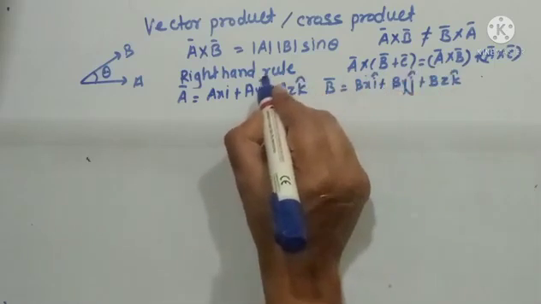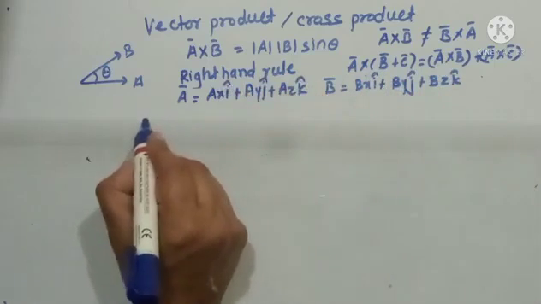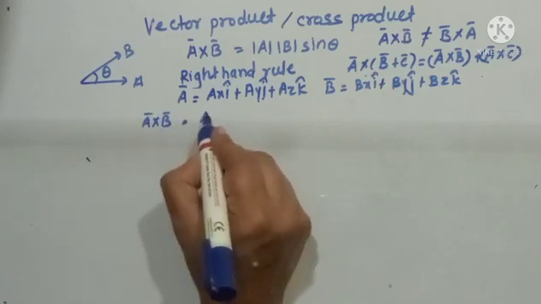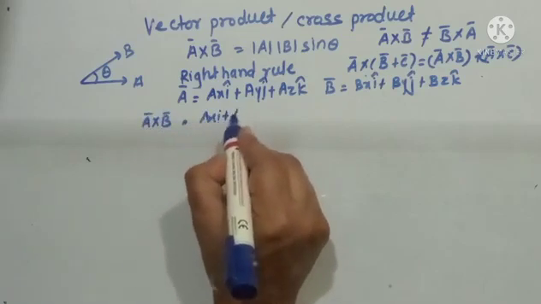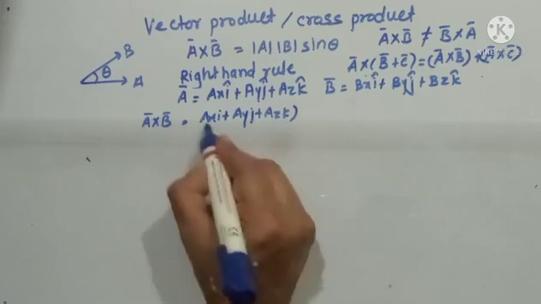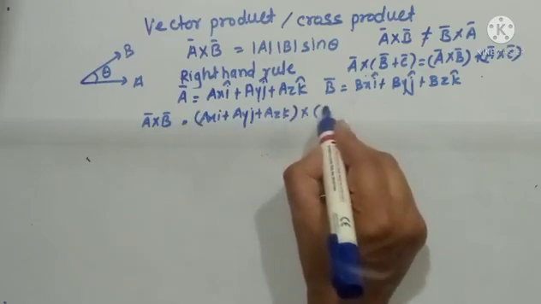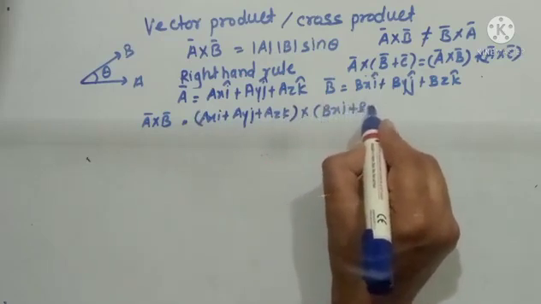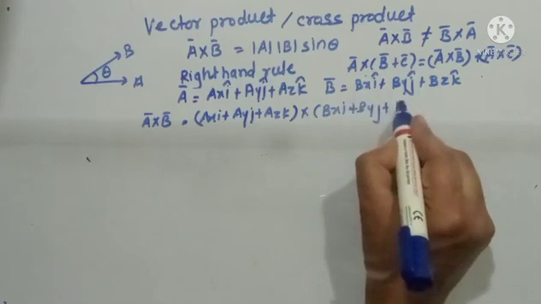Then their cross product is given by vector A cross vector B, which is (ax i plus ay j plus az k) cross (bx i plus by j plus bz k).